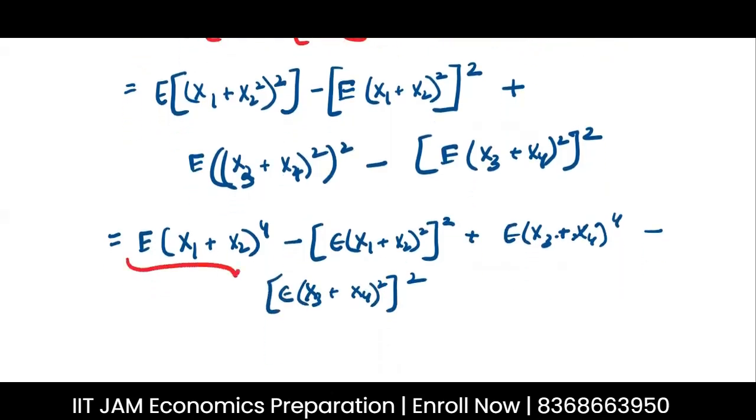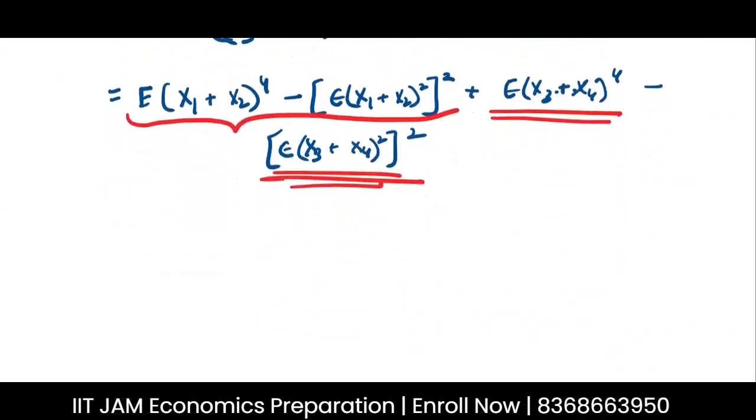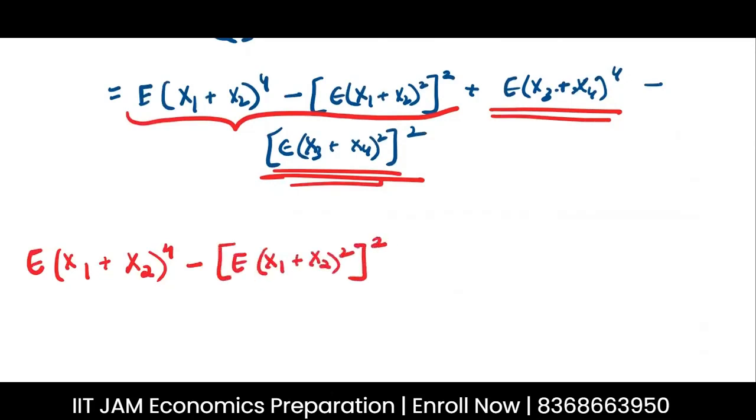I will just try and find the solution of this part. This will be symmetric. I just have to replace X1 with X3, X2 with X4, and I will get the other part similar to that. So first, I will focus on this part: E of (X1 plus X2) to the power 4 minus E of (X1 plus X2) whole square, squared.